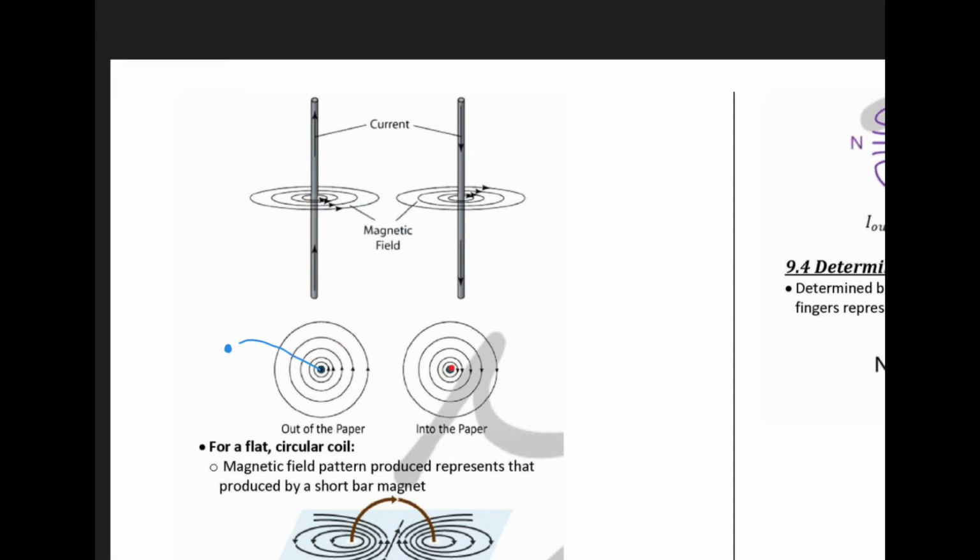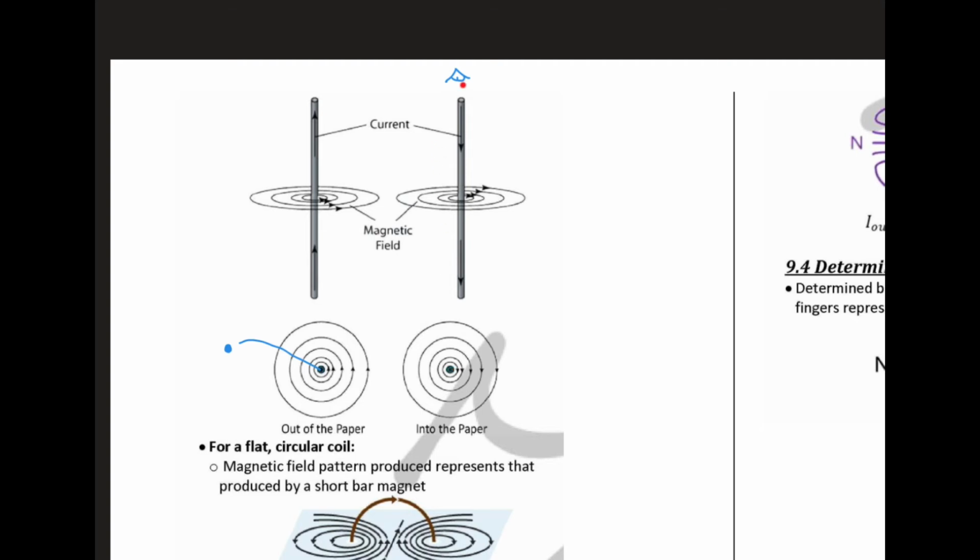For this case, this is the top view of this one. Imagine you look at it from the top, let's say this is your eyes. You will find that the current is going down, into the paper.